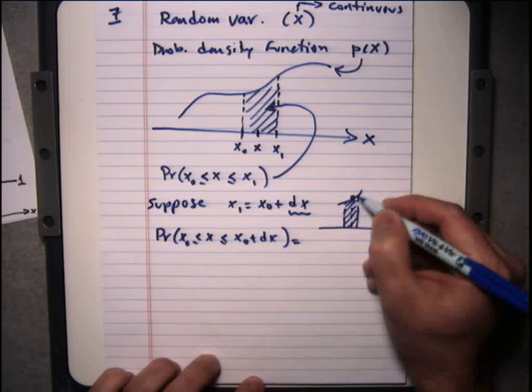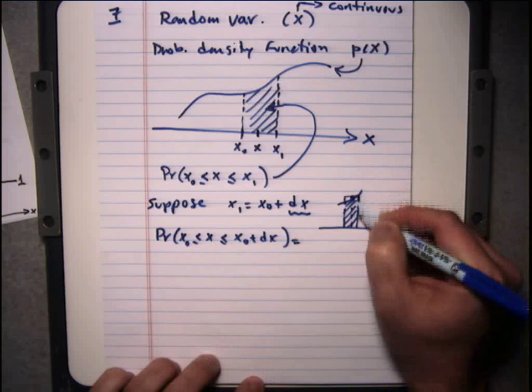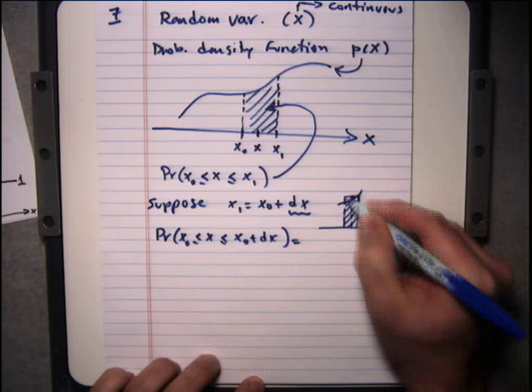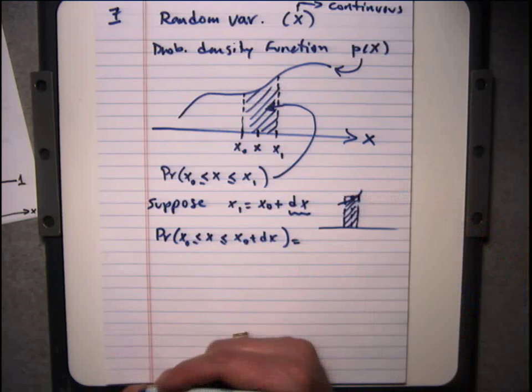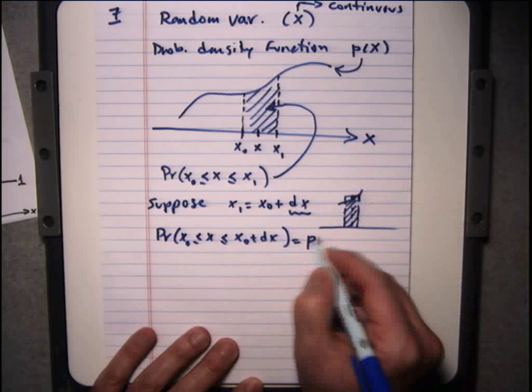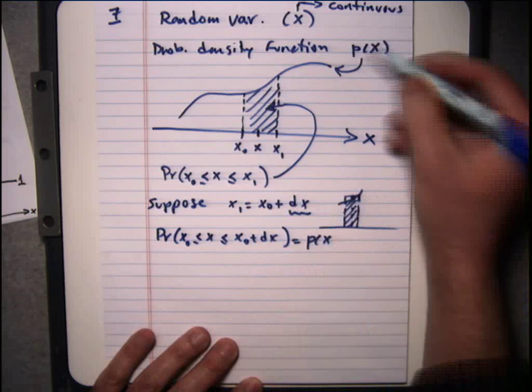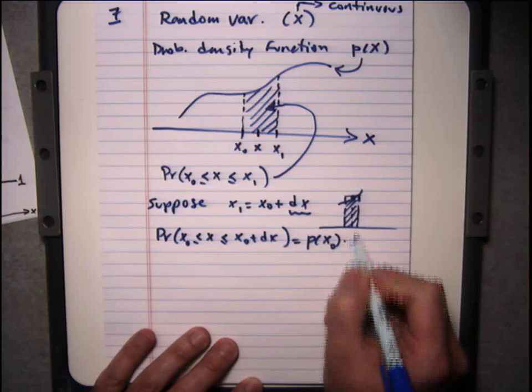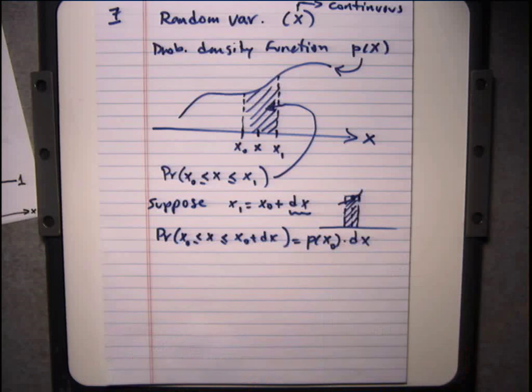Now in this tiny rectangle, this value can be used to approximate the area of that rectangle. Okay? So this probability would be the value of the PDF at x0 times dx. Okay?